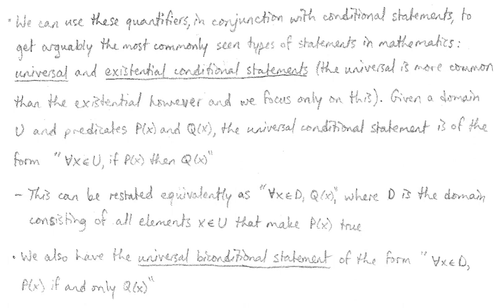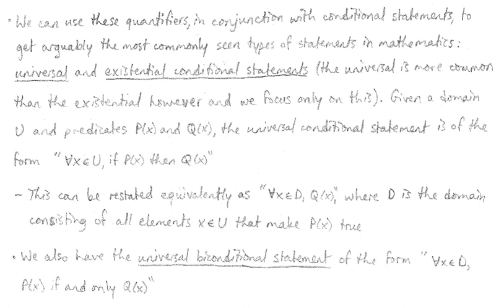Now, it's not so commonly seen up until this point, but if you go on to take higher level math classes like abstract algebra, real analysis, complex variables, and even courses higher, you'll see that when you look at the statements of theorems and even the proofs of these things, you will start to see these types of statements showing up. You'll see a conditional statement as well as a quantifier.